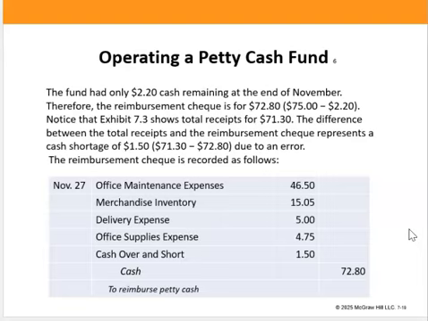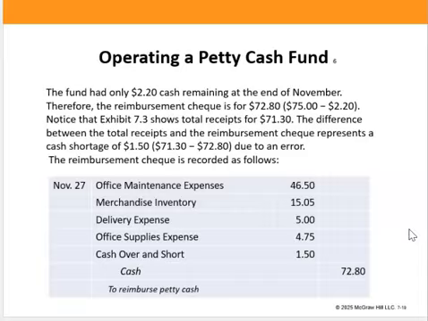So we're going to debit office maintenance expense, the $46.50. This is coming directly off the worksheet. Merchandise inventory, $15.05. It told us what account to debit. Delivery expense, $5. Office supplies expense, $4.75. Then we have the line cash over and short.